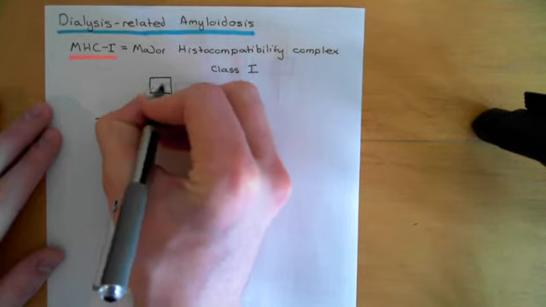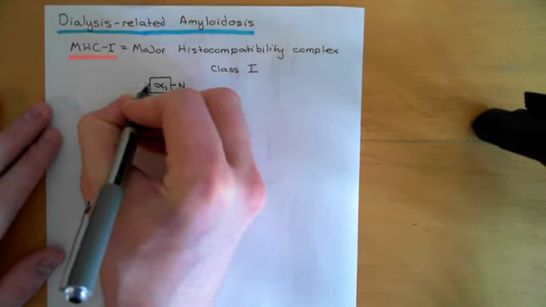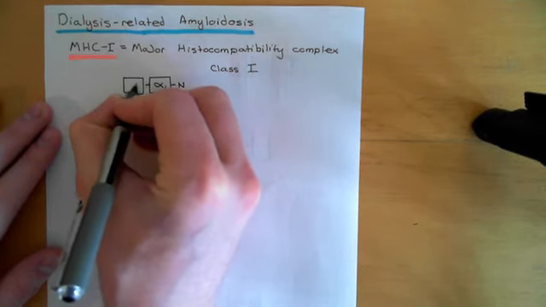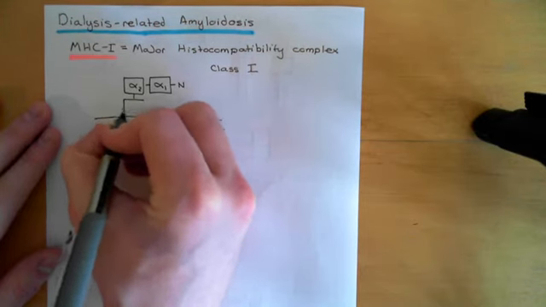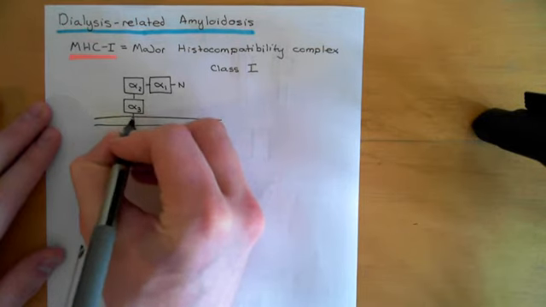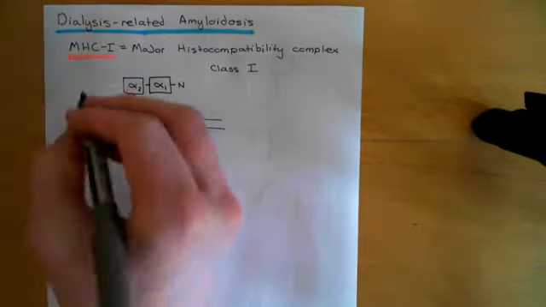Here's the alpha 1 domain, and here's its amino terminus. Following the alpha 1 domain, you have the alpha 2 domain here, still extracellularly. Then you have the alpha 3 domain here. Then you have a portion that crosses the membrane, and the C-terminus is on the intracellular side.